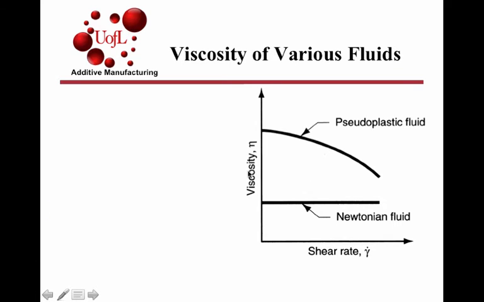So to summarize, the viscosity dependence is a function of shear rate. For a Newtonian fluid, at low molecular weights or low shear rates, you have Newtonian behavior. For polymers, especially at intermediate shear rates, you have a pseudoplastic fluid with shear thinning behavior. Viscosity reduces as a function of shear rate.